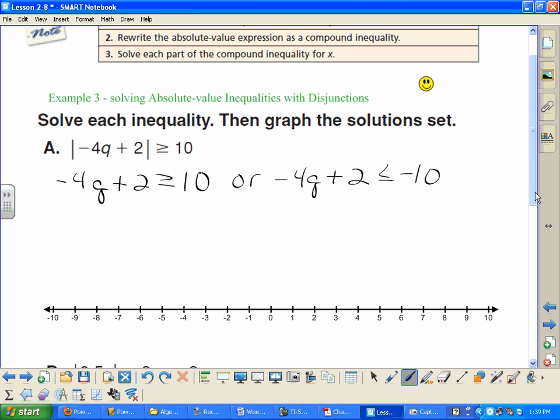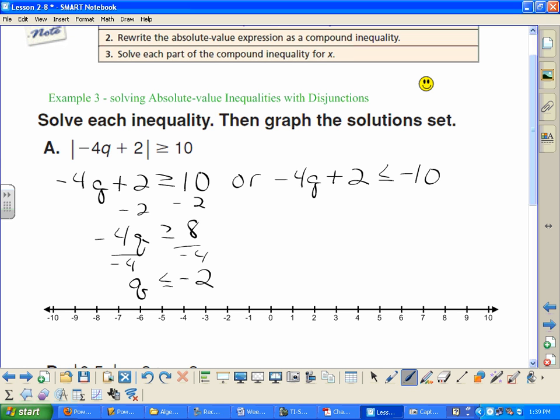So we solve the inequalities. Subtract 2. Negative 4q is greater than or equal to 8. Divide by negative 4. Q is less than or equal to negative 2.